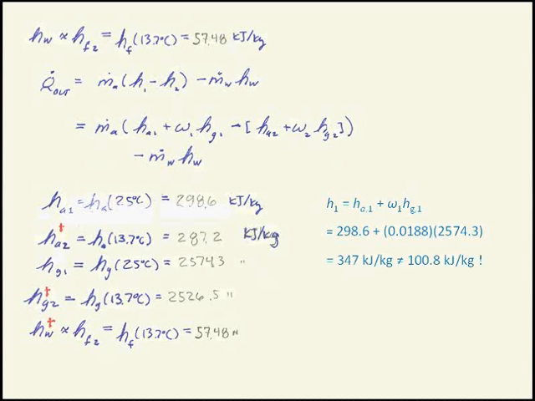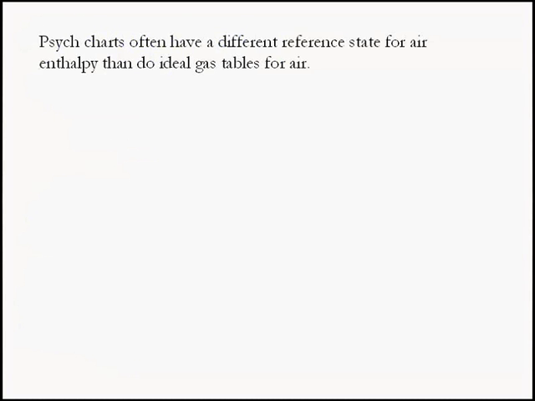Those numbers don't match up. You're right. Those numbers don't match up. Here's why. For the psychrometric charts, the reference state for air's enthalpy being equal to 0 is different than the reference point for air's enthalpy being equal to 0 directly from the ideal gas tables.